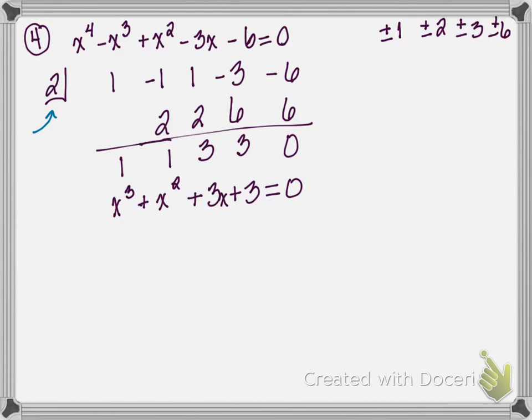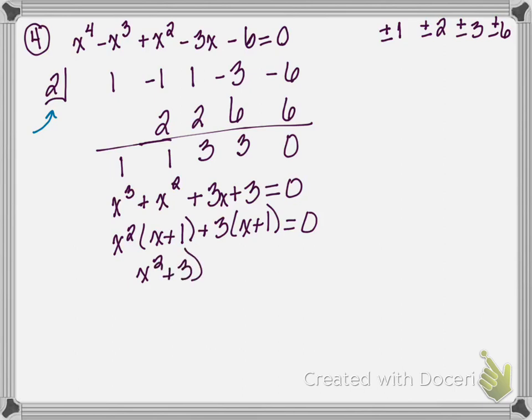What comes out of the first 2? Good, x squared. And I'm left with x plus 1. What comes out of the next 2? Good. Okay, so I have x squared plus 3 and x plus 1, I'm sorry.